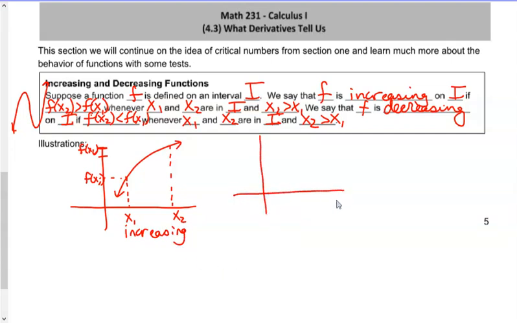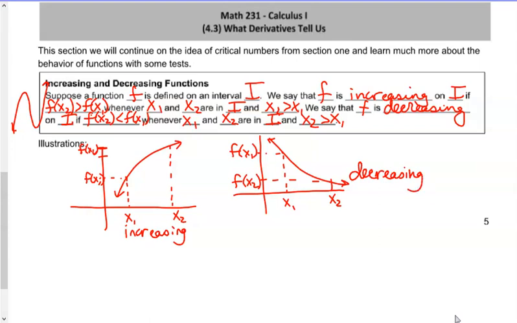And if I have some kind of decreasing function, say like this, call this x sub 1 and x sub 2. Again, x sub 2 is bigger, but here now, f of x sub 2 is smaller than f of x sub 1. So this is, in a sense, our decreasing version of that mathematical statement.